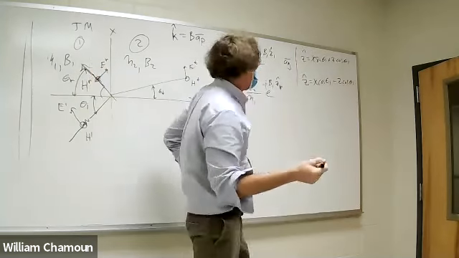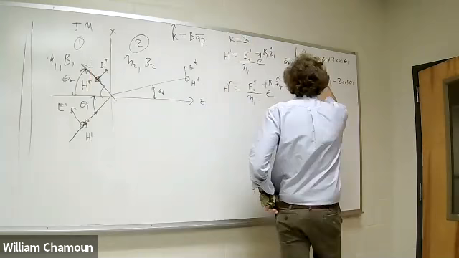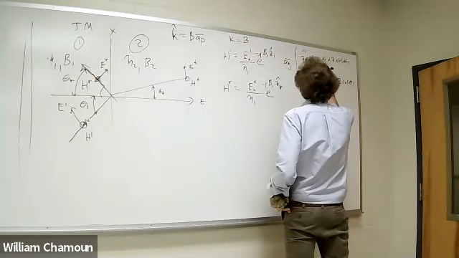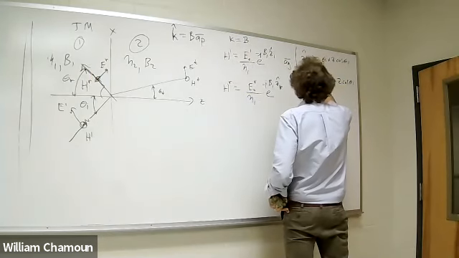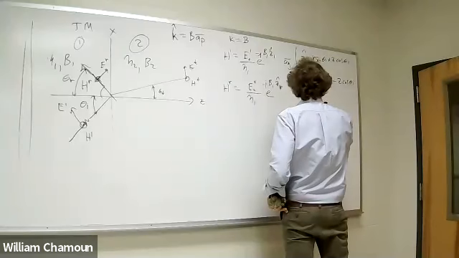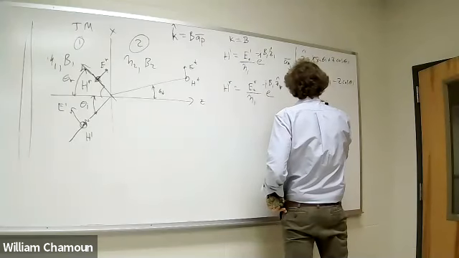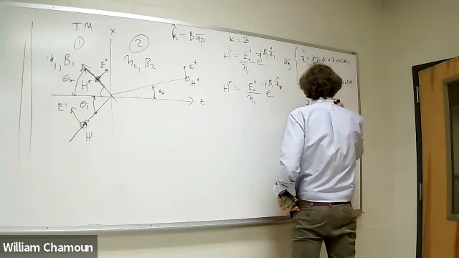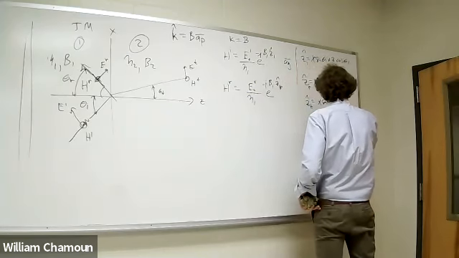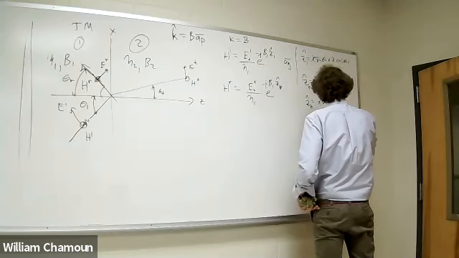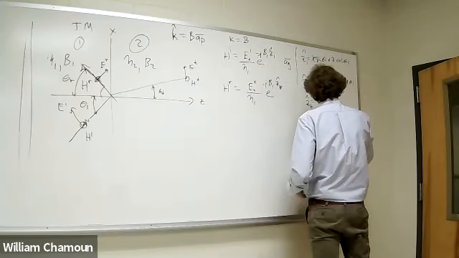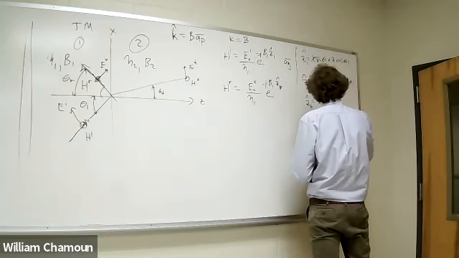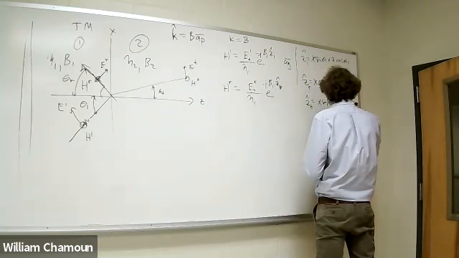And then finally, this is going to be incident here. This is going to be reflected. The transmitted will be equal to x sine of theta transmitted plus z cosine of theta transmitted.